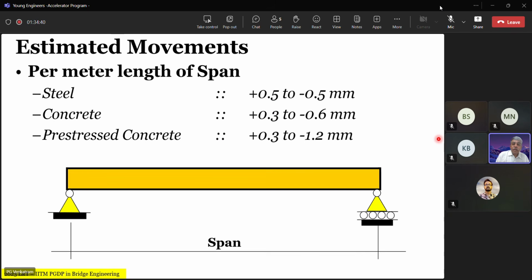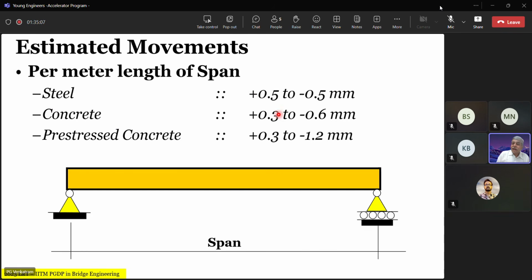Now, if you take a look at the different kinds of movement that you have, you end up with values in millimeter per meter. If you look, the least of them comes with steel, because primarily in steel, thermal movements are the only thing possible. And in the case of concrete, RCC, when they write concrete, this concrete means reinforced concrete.